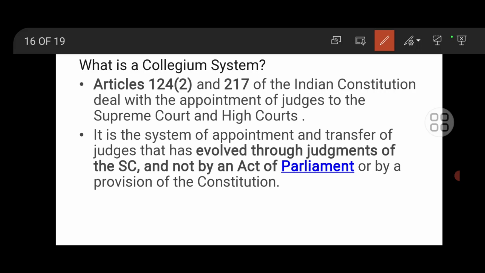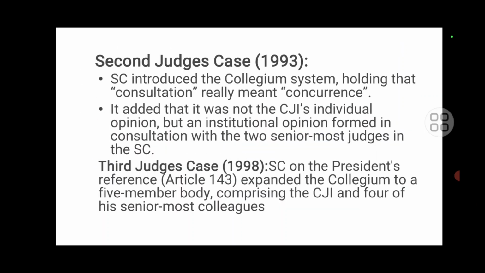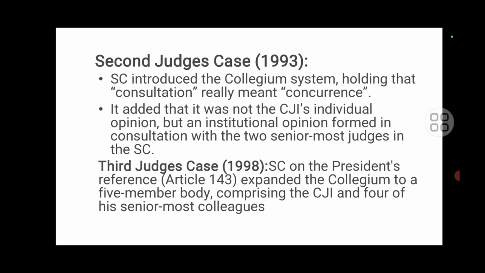Again you should read Article 124 clause 2 and Article 217, which deal with the appointment of judges of the Supreme Court and High Courts. Also for prelims you must read the First Judges case, Second Judges case and Third Judges case. The Third Judges case says that, on the President's reference, the Supreme Court expanded the collegium to a 5-member body. So that's all about today's news. Thank you. Have a great day.